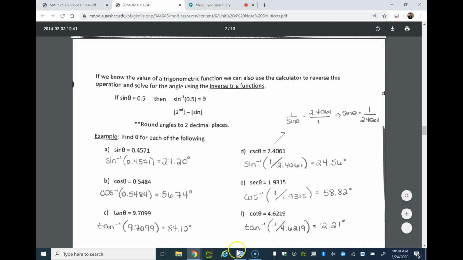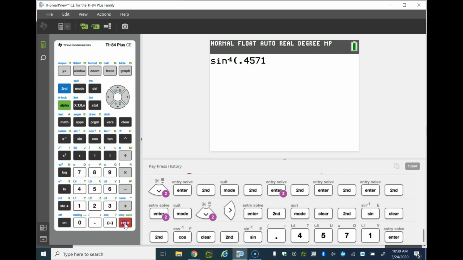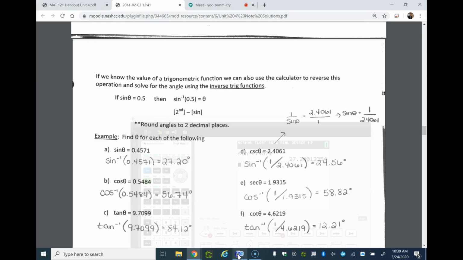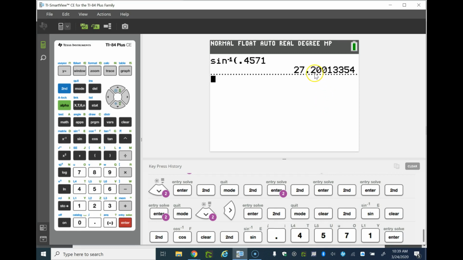Just to let you see it again, 0.4571, we drop it here, and that's where we get 27.20 rounded to 2 decimal places. Once again, this part should be okay too. Just remember, if it's asking for an angle, do the inverse.